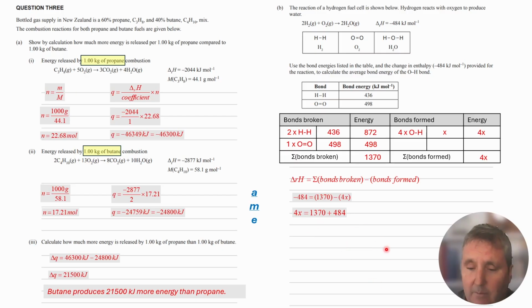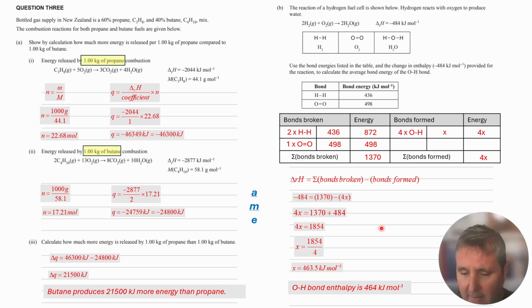I did that by adding 4x to both sides, so it ends up on the left, and adding 484 to both sides, and 484 ends up on the right. So I get 4x equals 1854, and therefore x equals 1854 divided by 4, and that equals 463.5 kilojoules per mole, or the OH bond enthalpy is 464 kilojoules per mole.